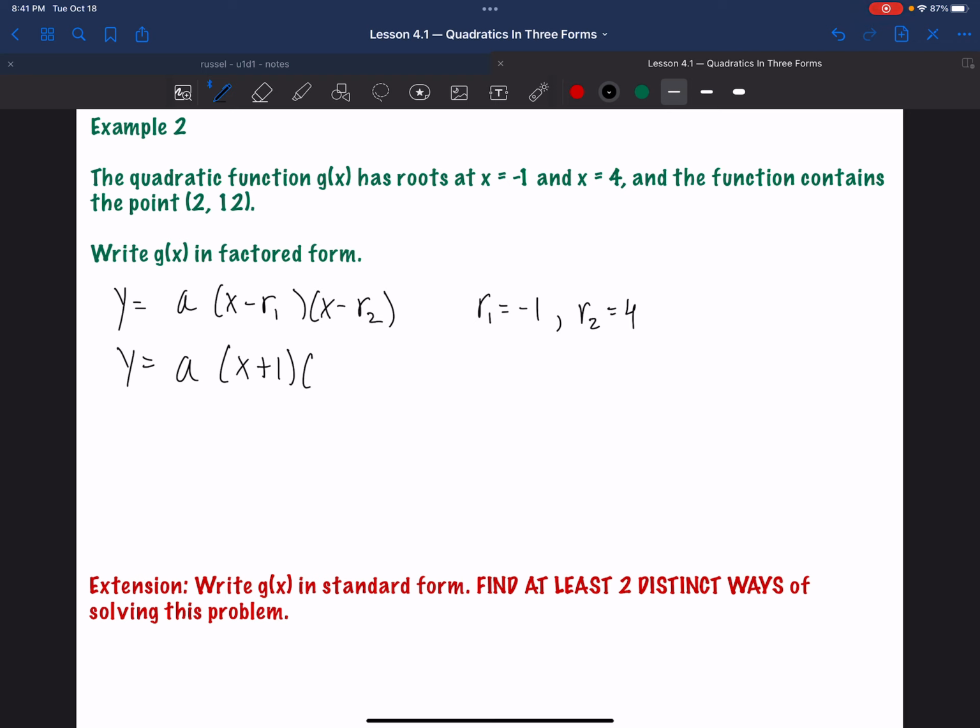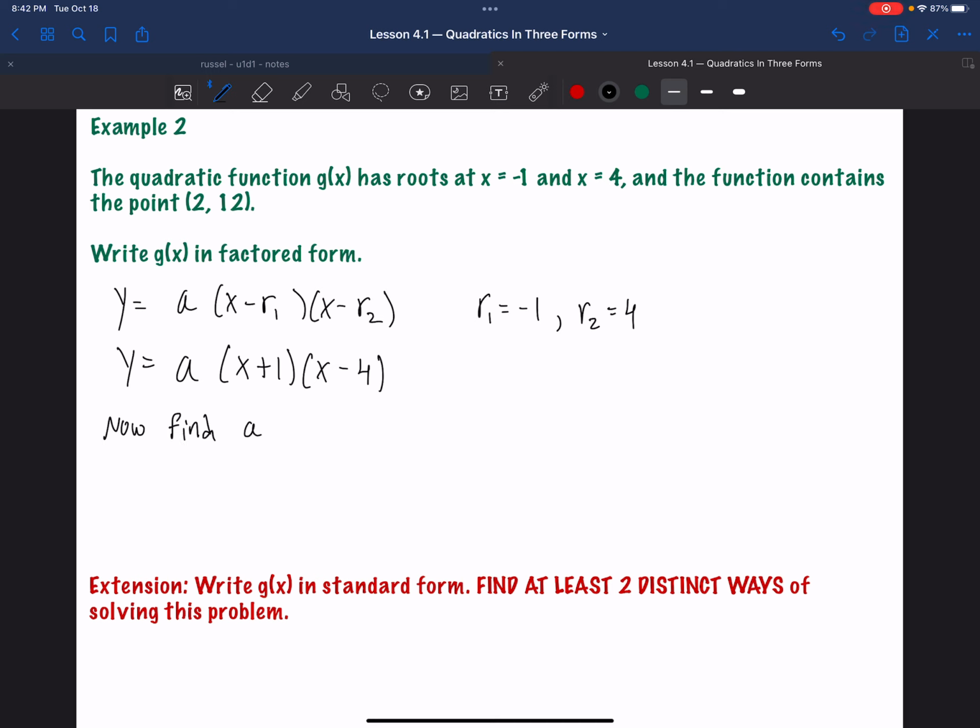And x minus r2 is x minus 4. Nice. Now, the only thing left to find is a. So now, find a. And how can we do that? How can we find a?